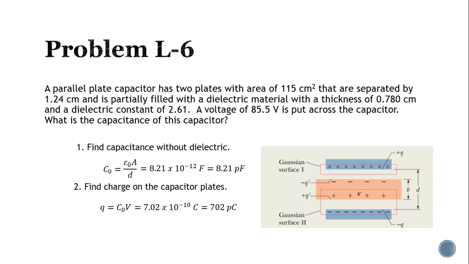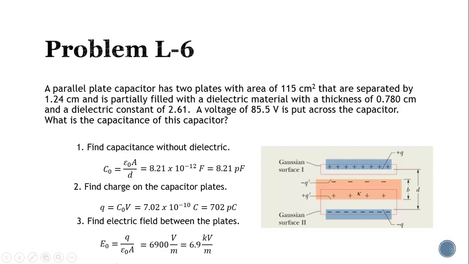So that's 702 picocoulombs. Next step, find the electric field between the two plates. I'm essentially using Gauss's law, the charge Q enclosed, the area A, and solving for my value. If I plug in my values, I get 6,900 volts per meter, or 6.9 kilovolts per meter.